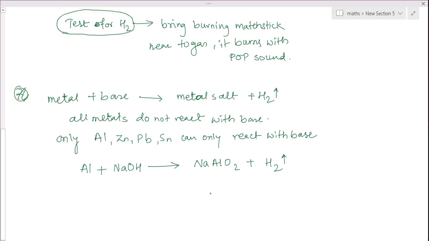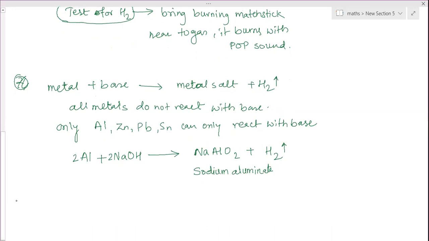Name of the salt? Sodium aluminate. Yes, it is sodium aluminate. Earlier, while I gave you polyatomic radicals, I gave the AlO2 ion as aluminate.